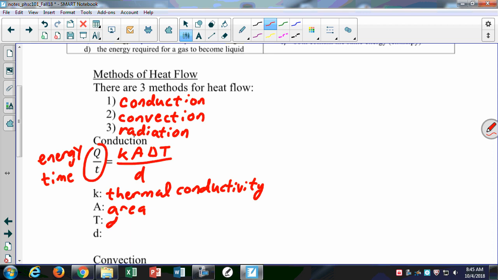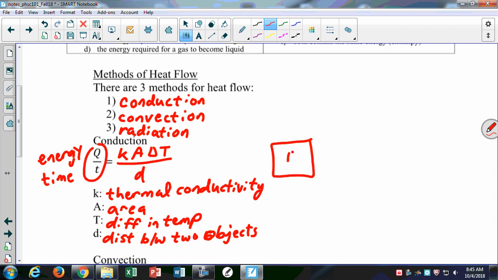ΔT is the difference in temperature. And d is the distance between two objects. So imagine I have two objects. We'll say that this is an object at T1, and then this is an object at T2.